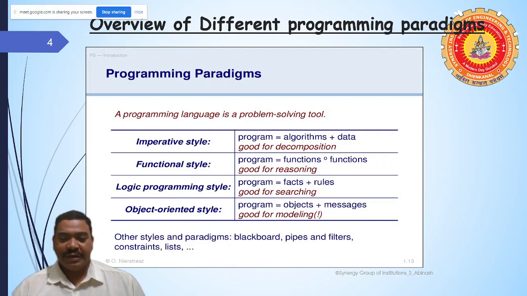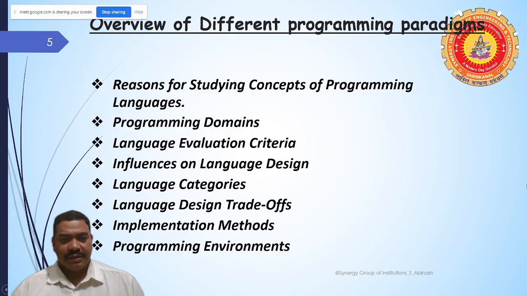Here we create a number of objects which consist of the data along with the methods or functions encapsulated inside them, and it is very good for modeling. There are many other paradigm styles as well. So this is an overview of different programming paradigms. Why will we study all these?